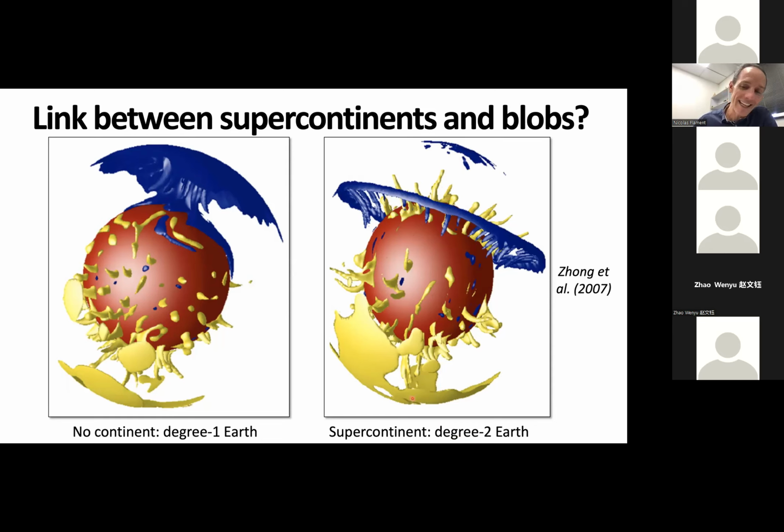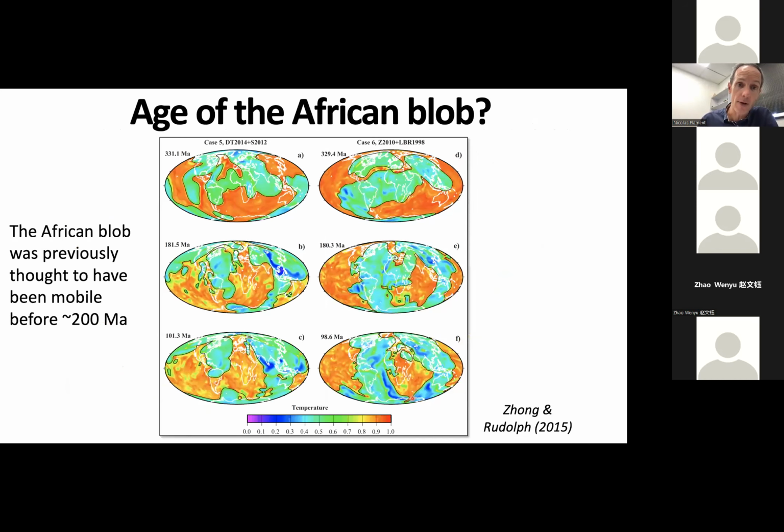I'm not exactly going to investigate this, but I'm going to investigate the link between what's at the surface and what's deep in the Earth. Further work from Zhong and Rudolph was very similar to what I'm presenting today. One key difference is that the reconstructions at the surface did not extend as far back in time.